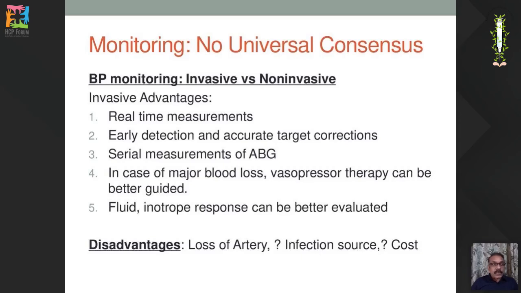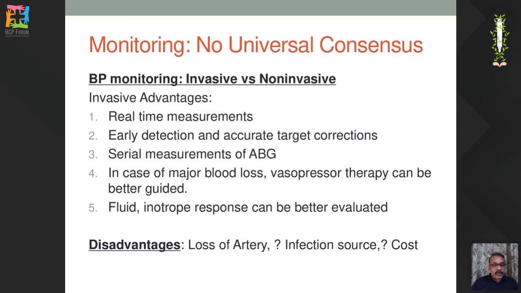Along with that, we need ABG sampling to see the potassium and pH levels before extubation or in between. And in case of major blood loss, vasopressor therapy can be well guided by the invasive blood pressure. But having said that, in a healthy recipient who has no cardiac issues, you can go for non-invasive blood pressure monitoring also.